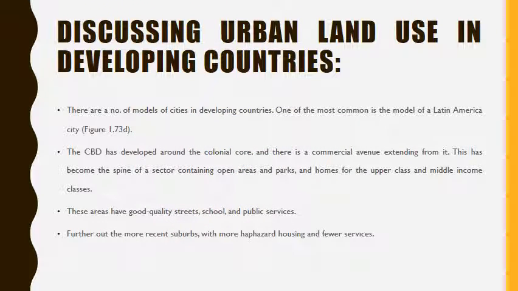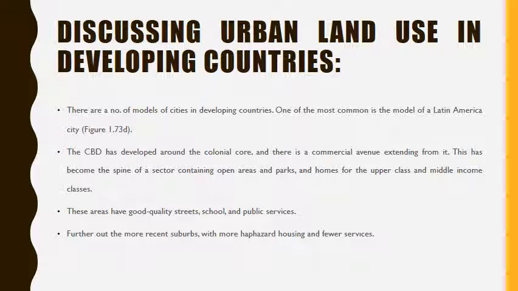Discussing urban land use in developing countries. There are a number of models of cities in developing countries. One of the most common is the model of a Latin American city in picture 1.73d. The CBD has developed around the colonial core and there is a commercial avenue extending from it.